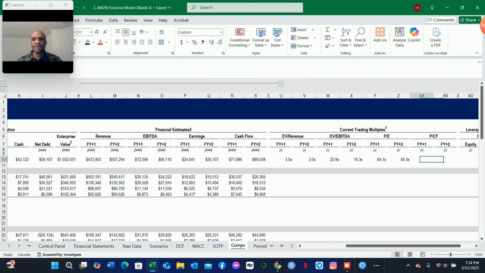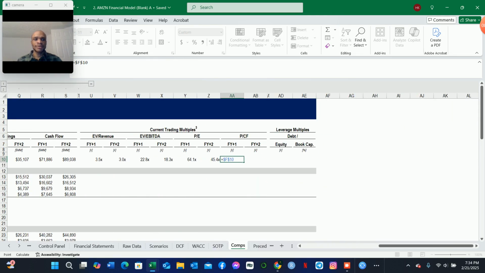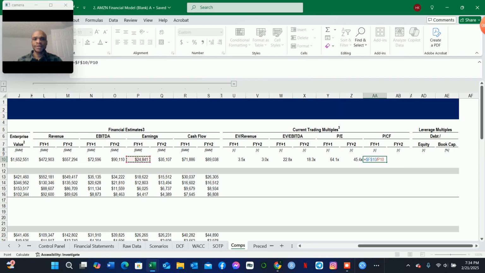And then for the price to cash flow, it's going to be equal to market capitalization, reference that cell with F4, and divide that by the cash flow matrix here. Also fill this right with Control R.